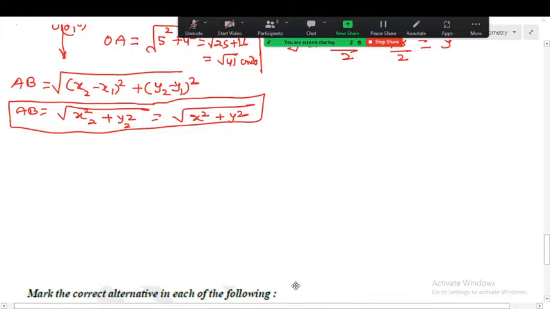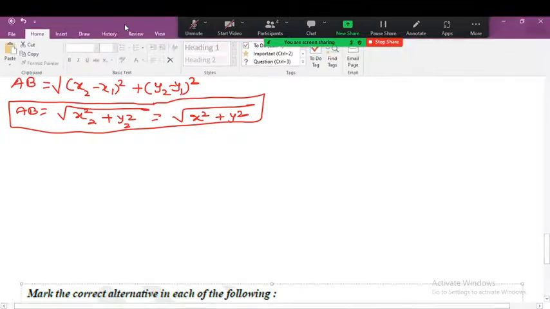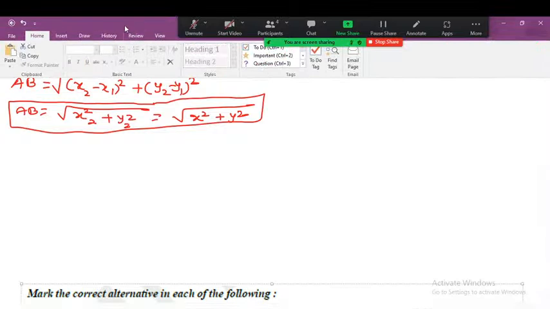Distance formula is used to figure out the distance between any two points. Okay, I'm considering a very basic example.